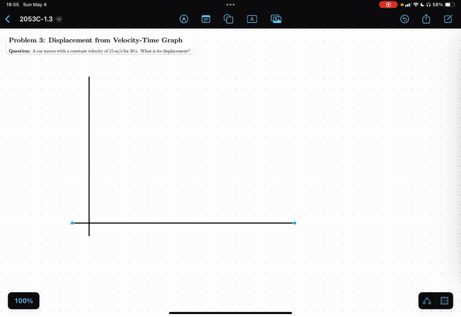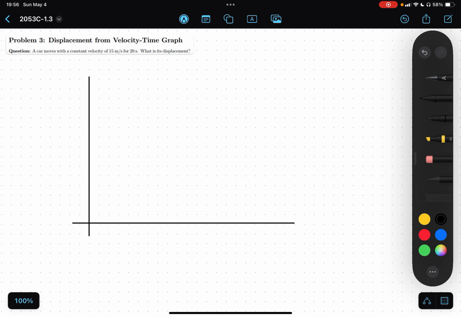On a velocity time graph, we will always have time on the x-axis, and our velocity will be on the y-axis. So a velocity time graph of a car moving with a constant velocity of 15 meters per second for 20 seconds might look something like this.